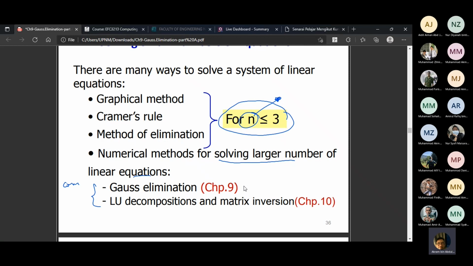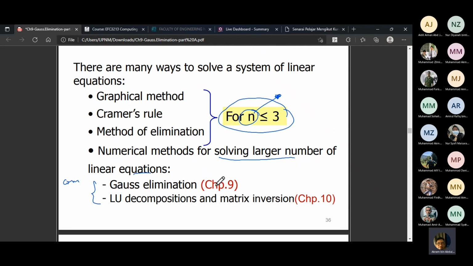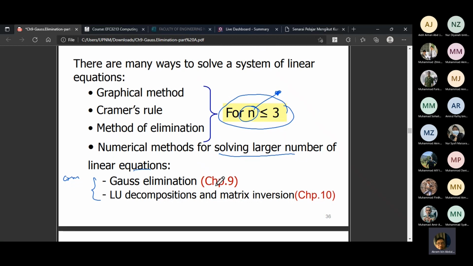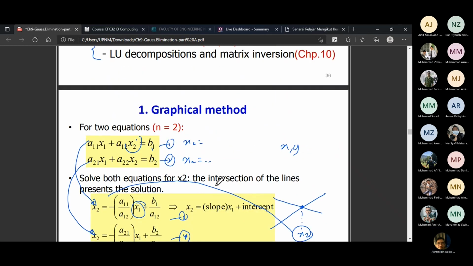What happens if you have larger number of linear equations? If your system was modeled based on more than 3 equations, then we have the option to use either Gauss elimination or LU decomposition in order to solve higher order or larger number of linear equations.